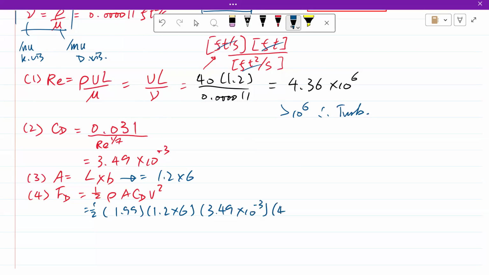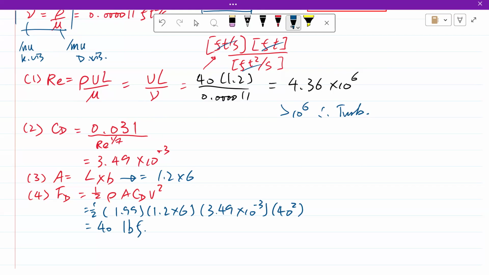V squared, 40 squared. And that's gonna give you 40-pound force. Voila, great. You can move on to the next question or the next part.